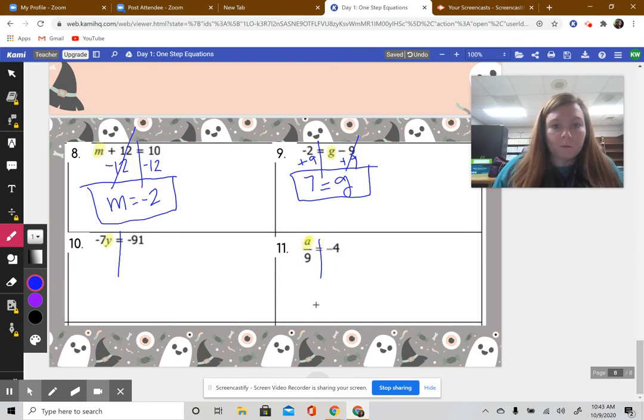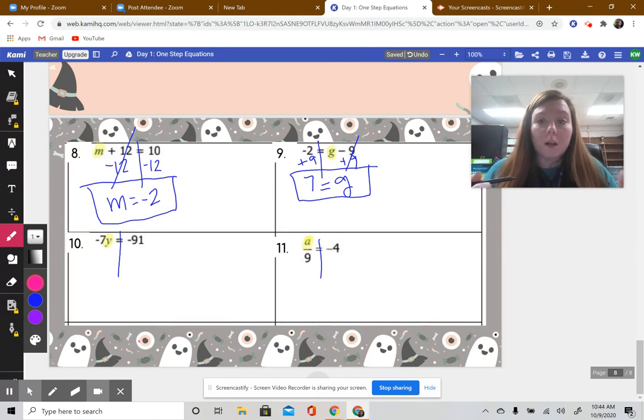All right, number 10 says negative 7 times y. Just remember whenever you have a number and a variable touching, that's multiplication. That's very, very important that you guys know that. So to undo multiplication, I divide.